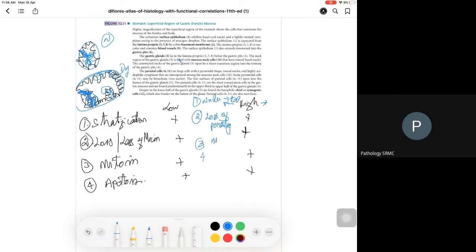Micropapillae, and the 4th one is fusion of micropapillae gives rise to cribriform glands. So nuclei reaching the top, probably loss of polarity, you keep it as 4. Okay, nuclei reaching the top, micropapillae will become 2, cribriforming will become 3, and loss of polarity will become 4. These are all the criteria for high grade dysplasia.